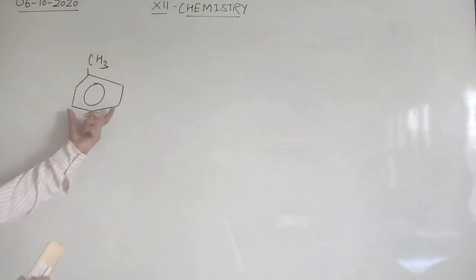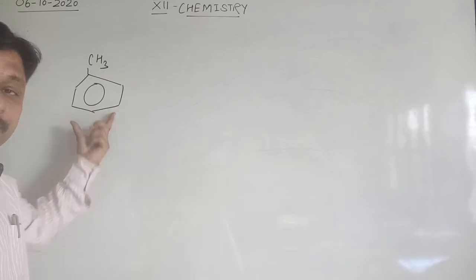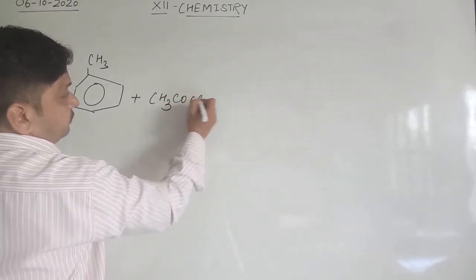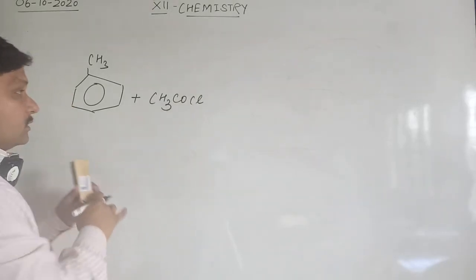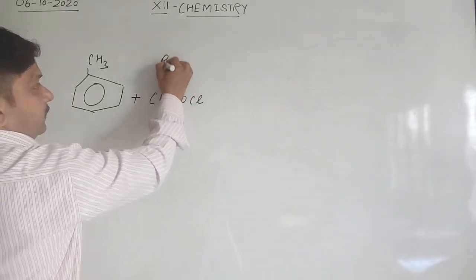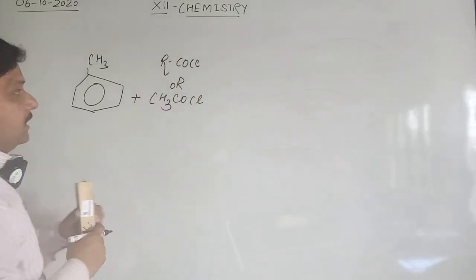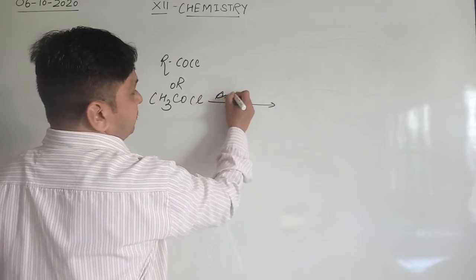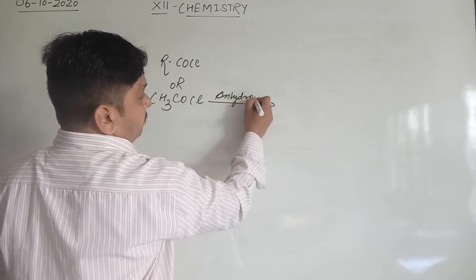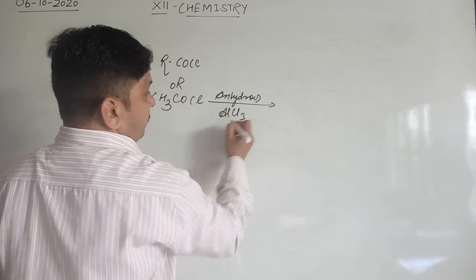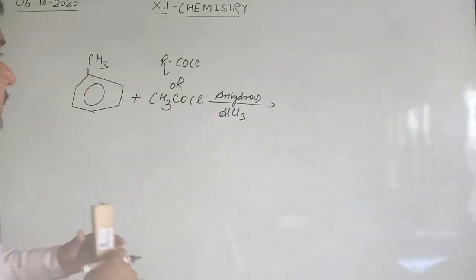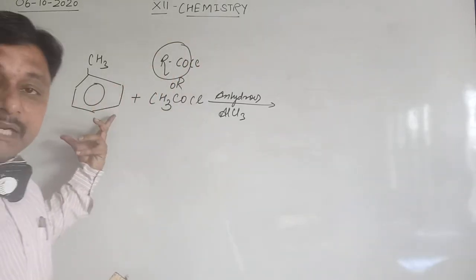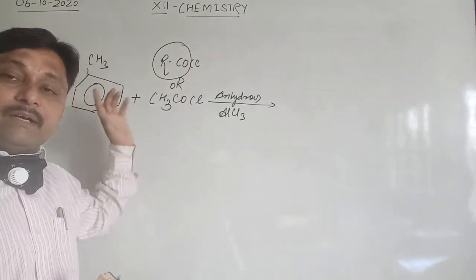Suppose we have this compound, that is toluene, methylbenzene. So methylbenzene can react with CH3COCl. Clear? Or simply we can say any one of the acid chlorides like RCOCl. Okay? So in presence of anhydrous AlCl3, this RCO group will attack the ortho or para position because the CH3 group is present. What is CH3?